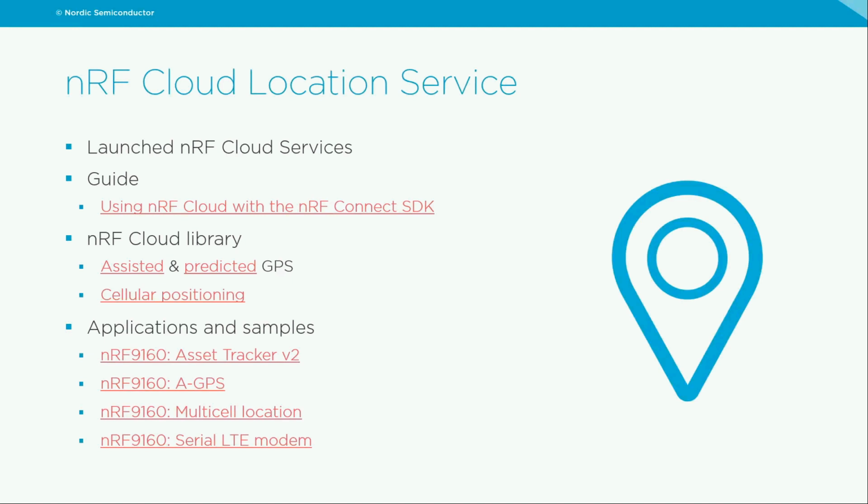Meaning that you can download a larger portion of assistance data also into the future. Normal assisted GPS assistance data is valid for 4 hours, while the predicted GPS data can be valid for up to 2 weeks.